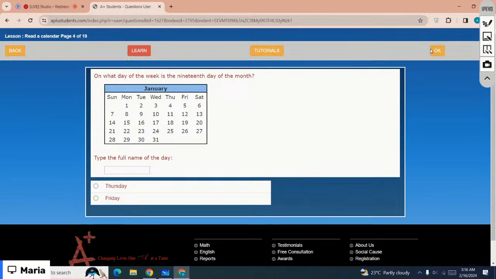On the ninth of the month, what day is it? That is Tuesday. The correct option is Tuesday. Sorry, not 9. The 19th day of the month. The 19th day is Friday. The correct option is Friday.